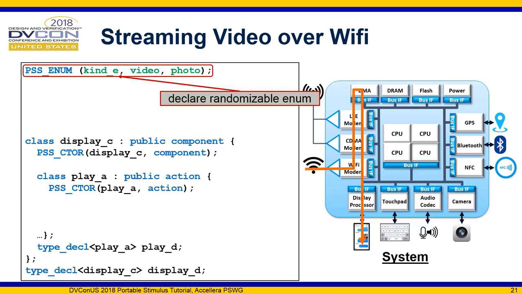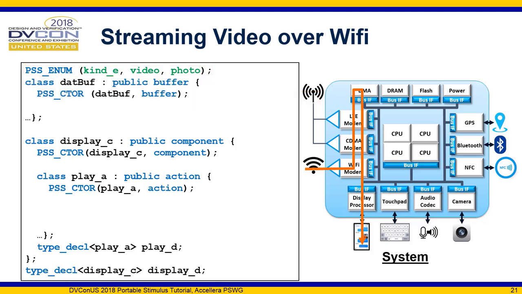Now in C++, we've had enums forever. However, to give a tool the ability to randomize across those enums, we need to give it a little bit of help. So we have a macro that wraps an enum that says I'm defining the enum called kind under E, and it has 2 values, video and photo. Now I'm defining one of these data buffers. We've talked about the buffers before. Again, it's defined as a class that inherits from a well-known class called buffer.